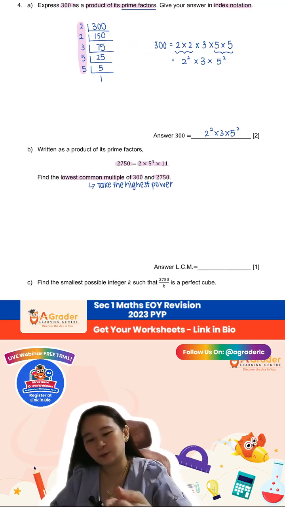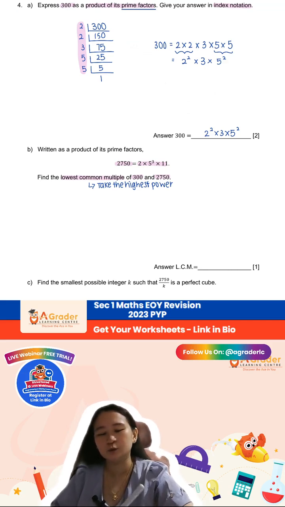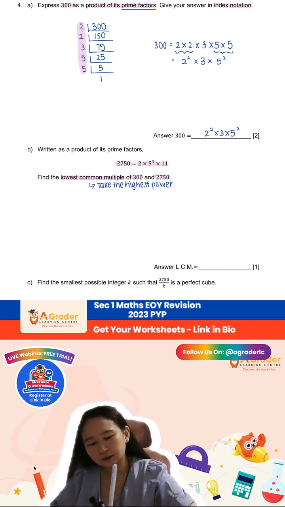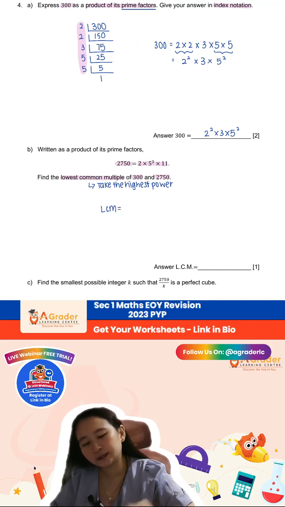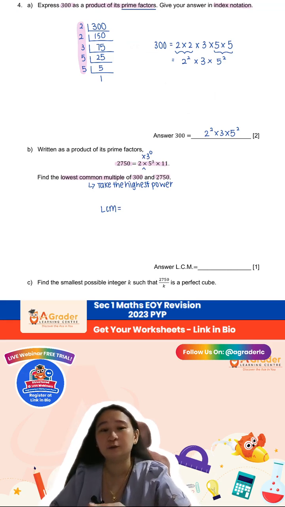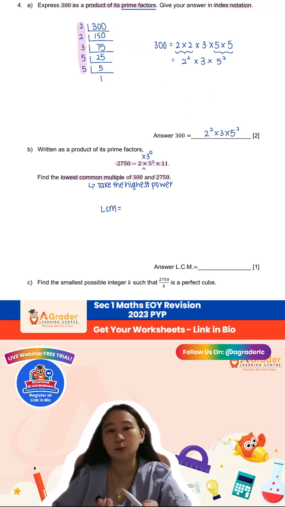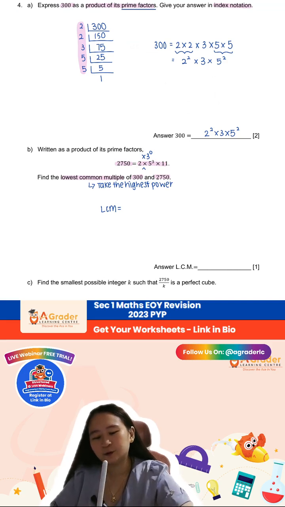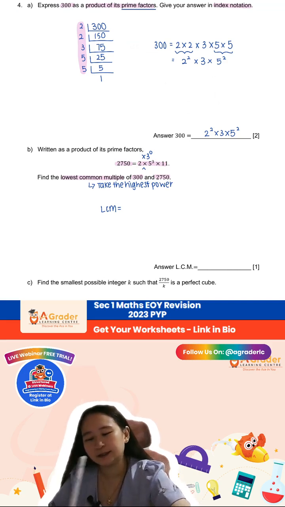Okay, so from part A, we know that 300 is 2 squared times 3 times 5 squared. So when we are finding the LCM, when there is no prime factor of 3, we can add in 3 to the power of 0. Anything to the power of 0 is equal to 1. Same for 300, it is also times 11 to the power of 0 because there's the factor of 11 here.